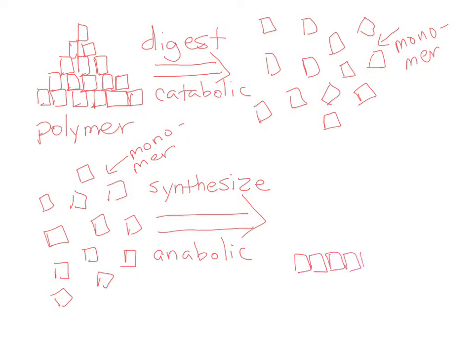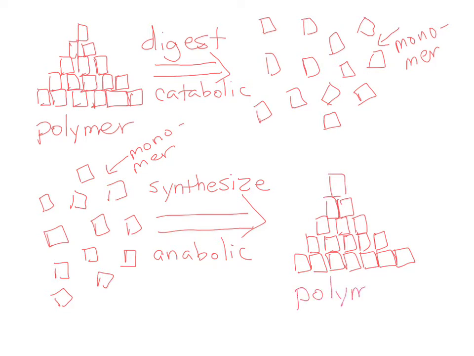And as you can guess, we're going to end up with our lovely built pyramid. Because that's what we're doing. We're synthesizing a brand new molecule, okay? And underneath that, we're going to write the word polymer because that's what we just built.